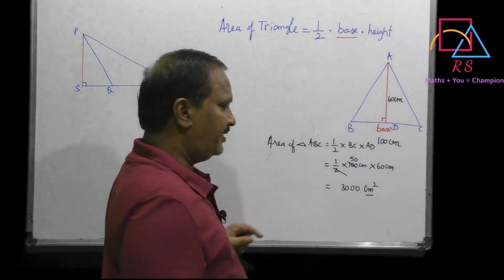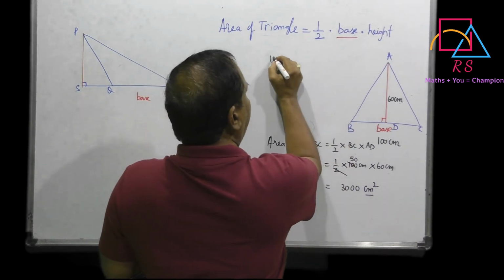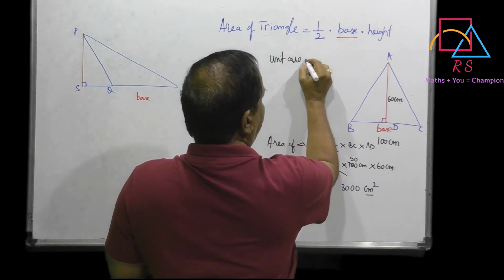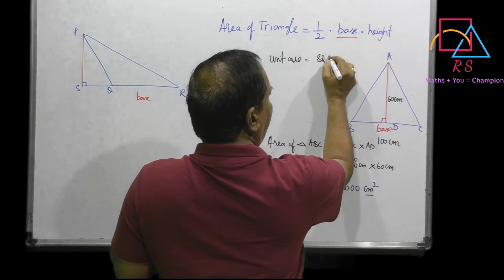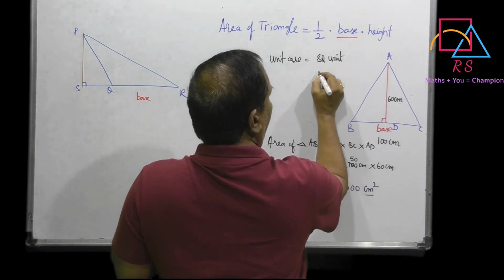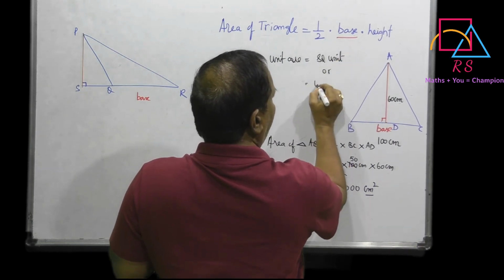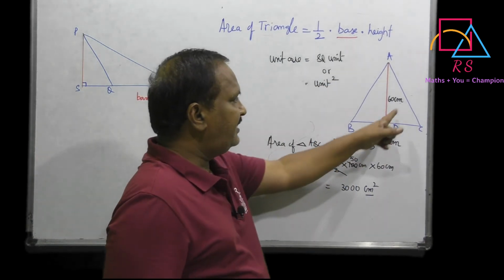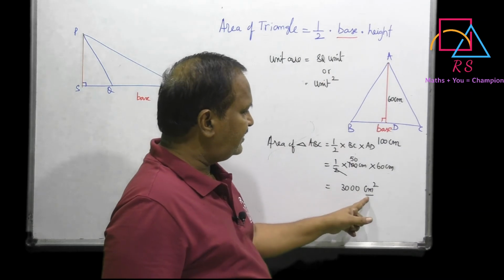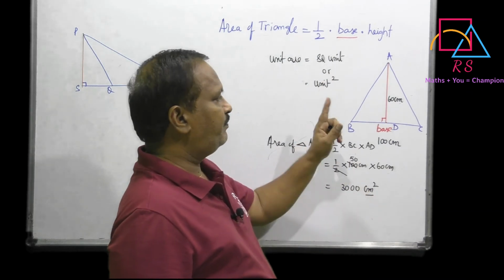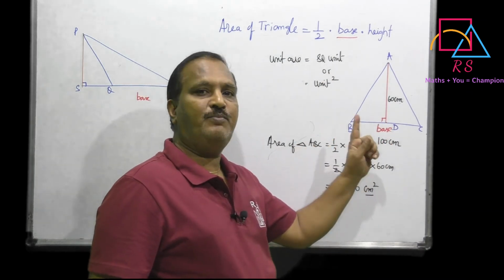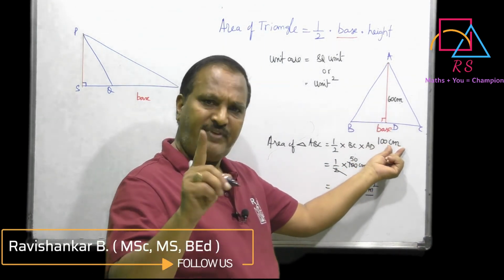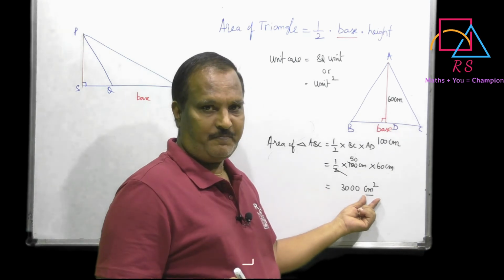Very, very important. So unit of area is square units or unit square. Here the unit is in centimeters, that is why centimeter square came. In the place of centimeter, if meter is there, meter square will come. If feet is there, feet square will come.